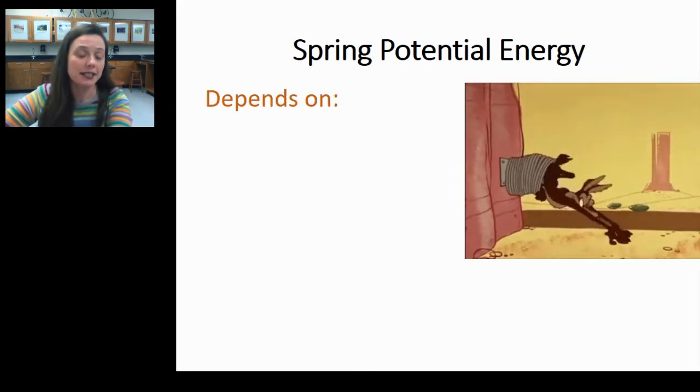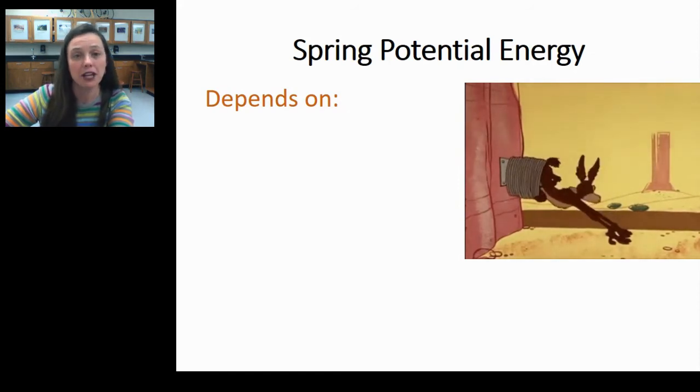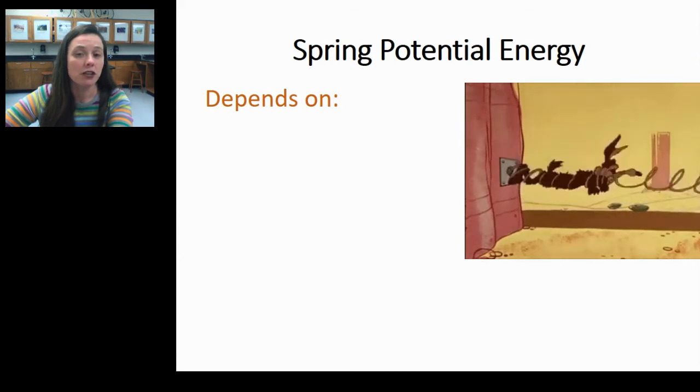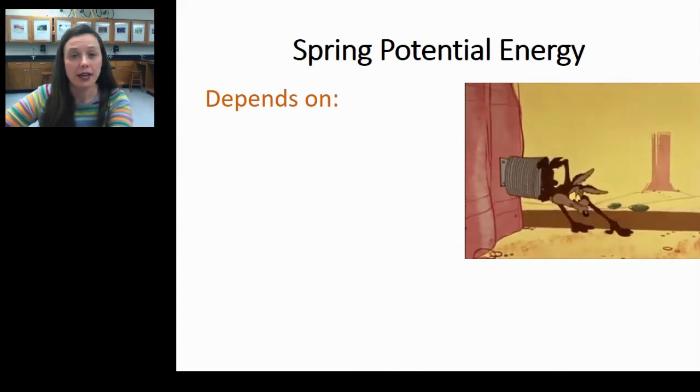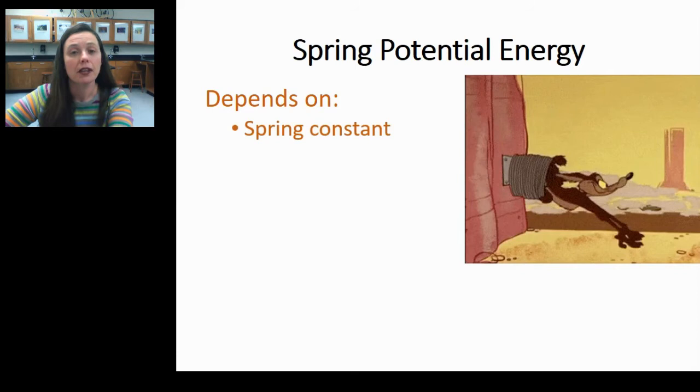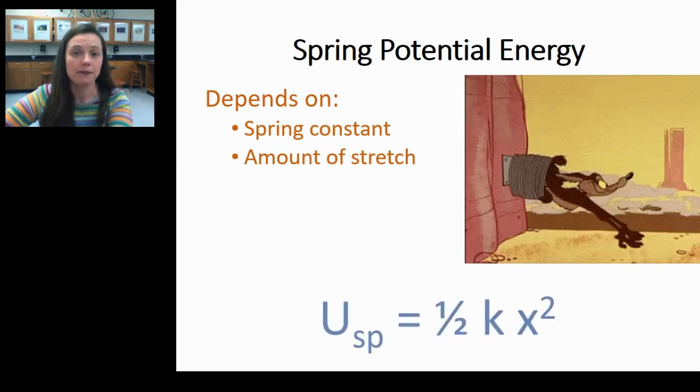So when we consider spring or elastic potential energy, the amount of elastic potential energy that something is storing depends on 2 things: the spring constant, or the strength of the spring, and the amount that that object or spring is stretched or compressed.